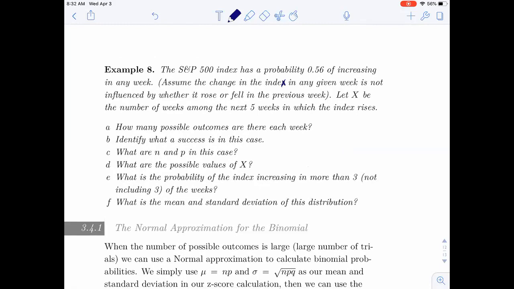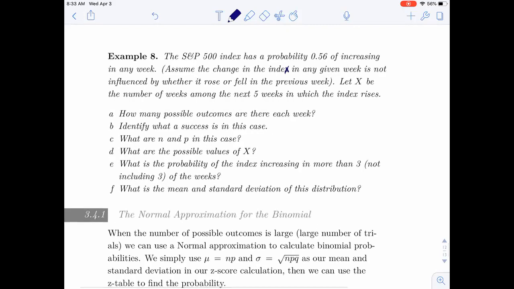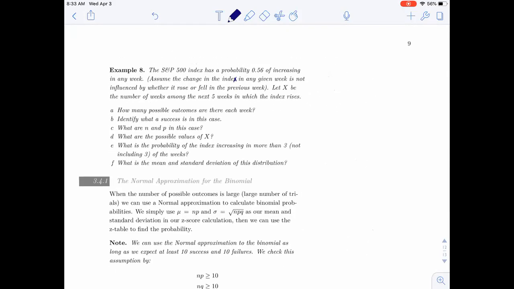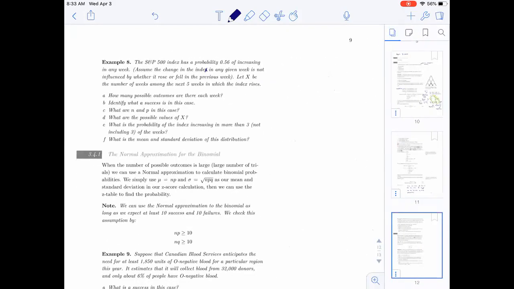That's a big assumption, right? But that's what we're going to assume in order to do this problem as a binomial, because then we're just narrowing it down to, okay, did it go up or did it go down? Let X be the number of weeks among the next 5 weeks in which the index rises. So I'll add a page here so we can work through this.